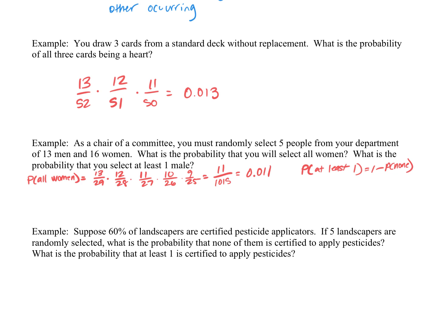Are we comfortable saying the probability of all women is equivalent to the probability of no men? So the probability that we don't have any guys on this committee is 1.1%. What is the probability that we have at least one? 1 minus that probability.